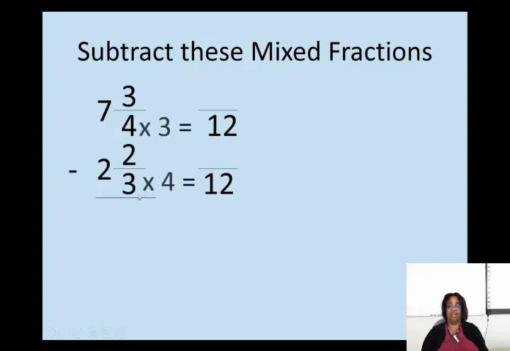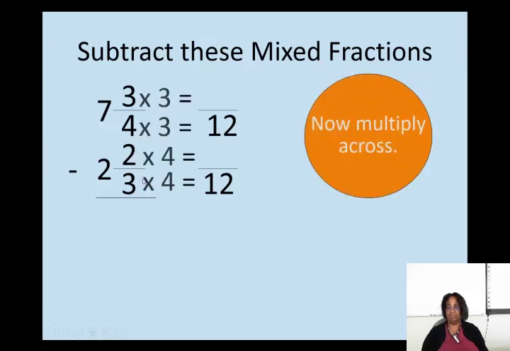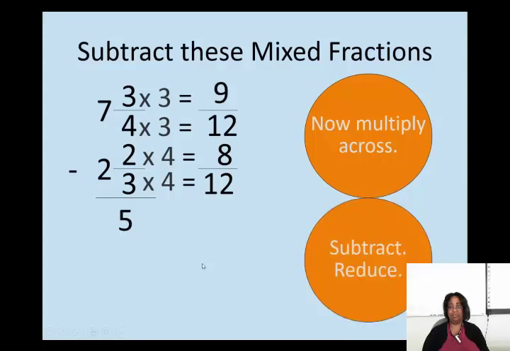I'm going to multiply the bottom by 4 and the top by 3 to get my equivalent fractions. So I'm going to get 8/12 on the bottom and 9/12 on the top when I raise the fractions, which gives me 1/12 for the fraction, and I still need to subtract my whole numbers.